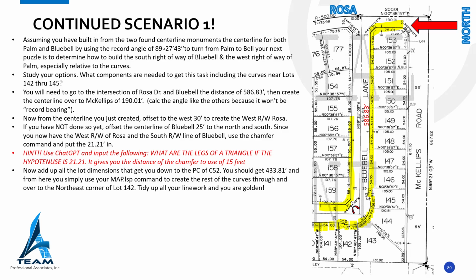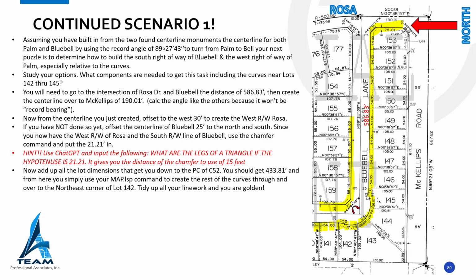So now I add up all the lot dimensions. The way I do it, I look at what the commonalities are. I go 54, 54, 54, 54, 54, 54, 54. So that's 1, 2, 3, 4, 5, 6, 7. 7 times 54 plus 44 plus 11.81. This is where people mess up a lot, right there.